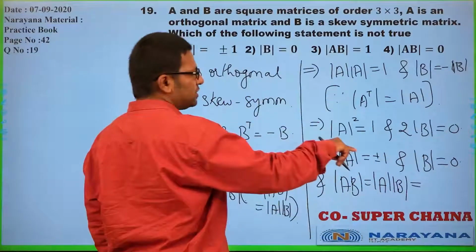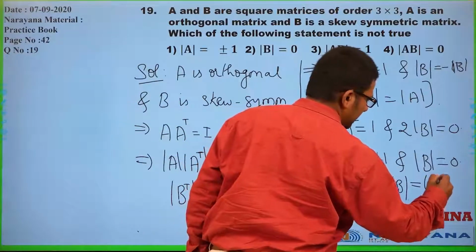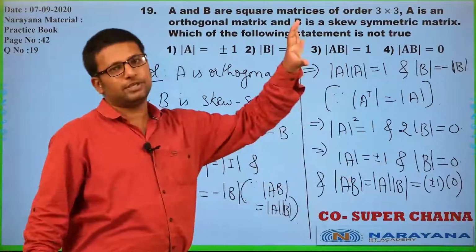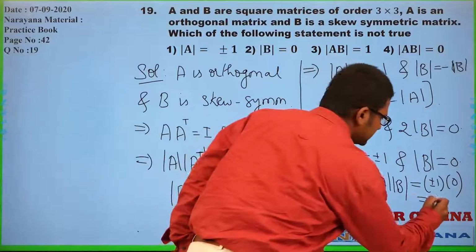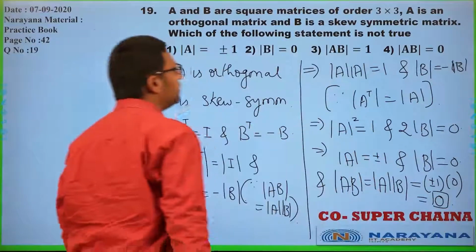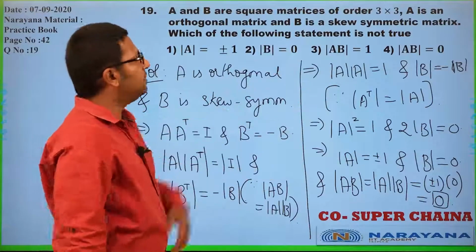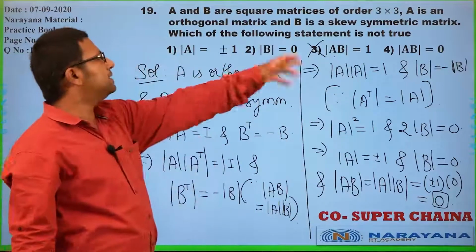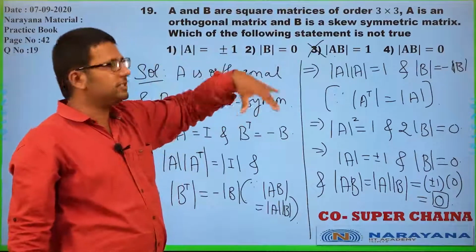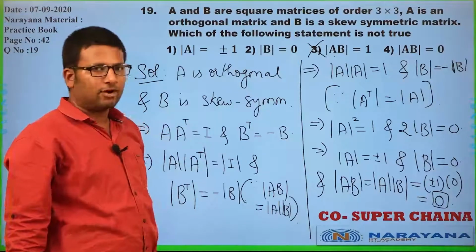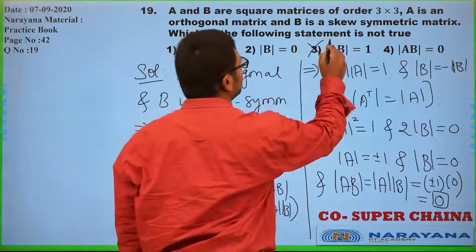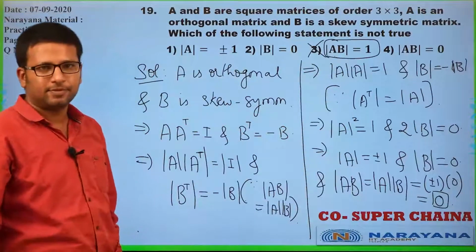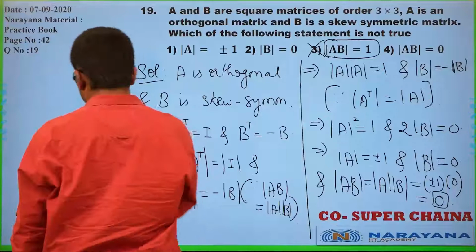Mod A into mod B, plus or minus 1 into 0, so that will turn out to be 0. So we know mod AB is 0, which means mod AB cannot be 1. So only option 3 is not true, which means for this question option 3 is the correct answer. Got it? I have put a cross mark just to show you that it is not true, but in fact option 3 is your answer. Okay. Let us proceed then.